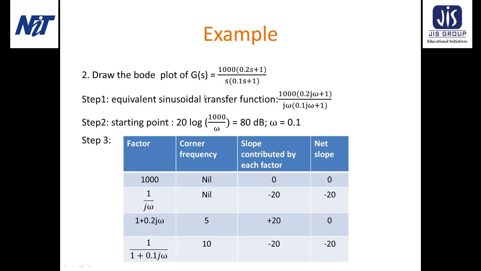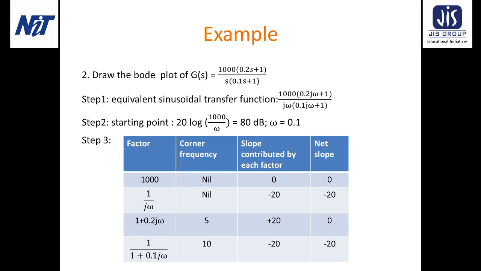The value depends on 1000 divided by omega, that is the pole at the origin, and the constant term. At omega equal to 0.1, it becomes 80 dB. So the graph will start from 80 dB.